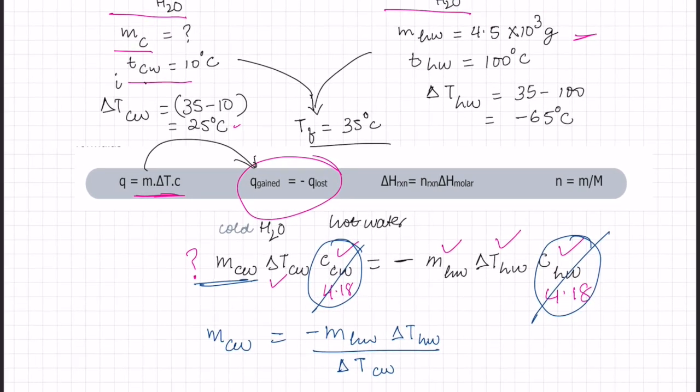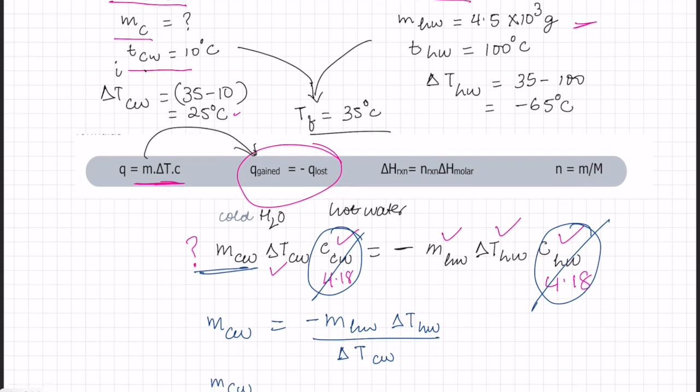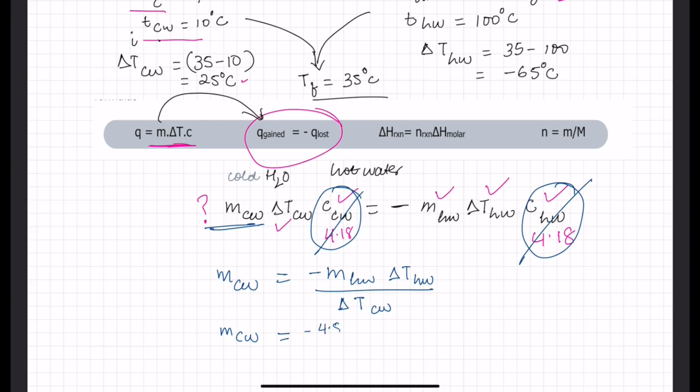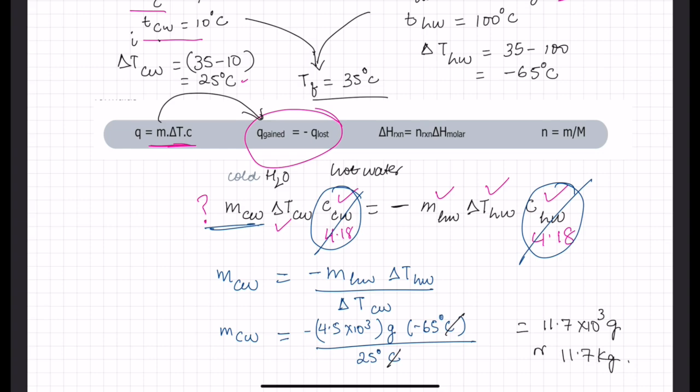Let me plug them in to get the mass of cold water needed: negative 4.5 times 10 to the 3 grams times the temperature change of negative 65 degrees Celsius over the temperature change here of 25 degrees Celsius. So my solution ends up being 11.7 times 10 to the 3 grams or 11.7 kilograms. This is the mass of cold water needed.